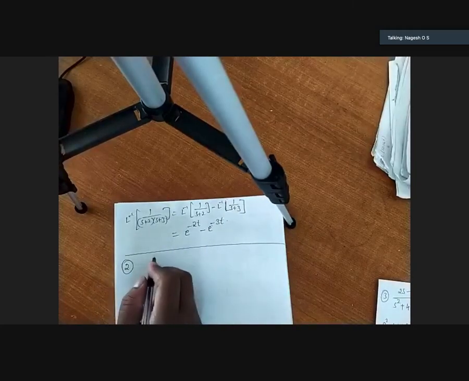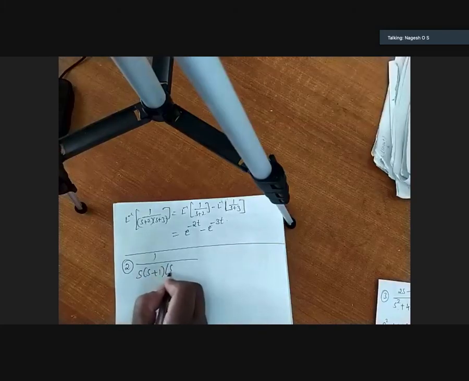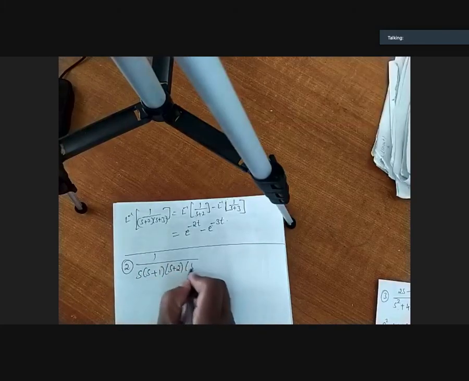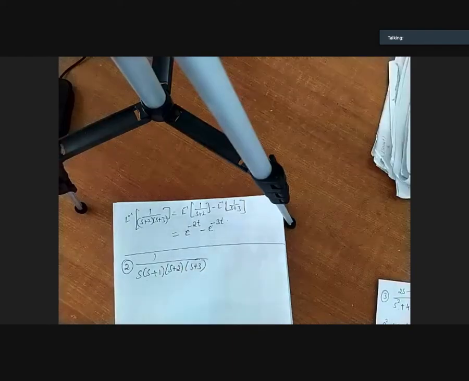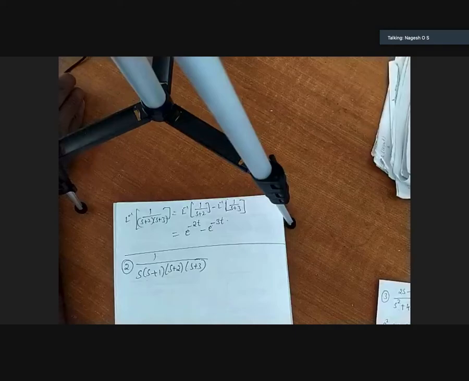Second one: 1 by s into (s plus 1)(s plus 2)(s plus 3). 1 divided by s into (s plus 1)(s plus 2)(s plus 3). Tell me the answer for A, B, C, D. Try this.